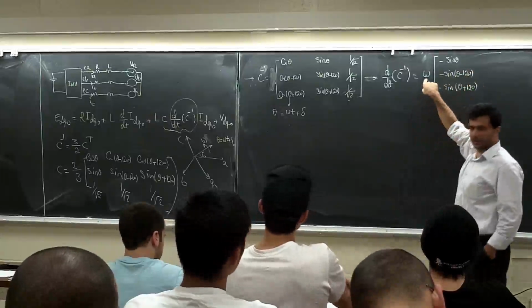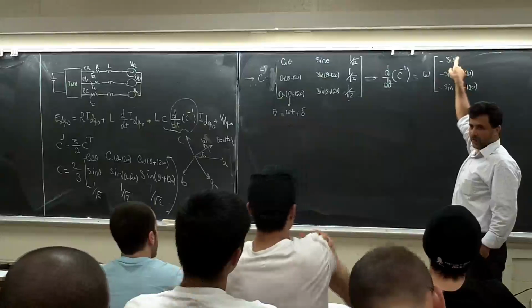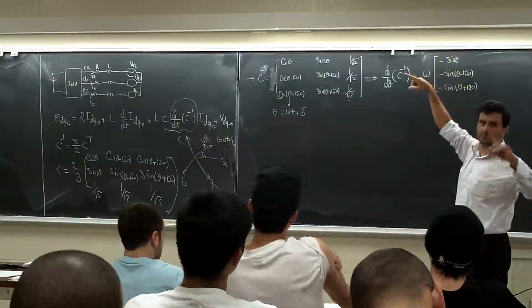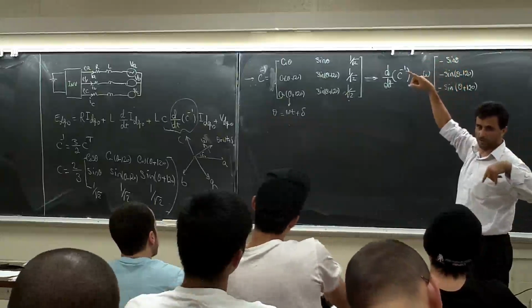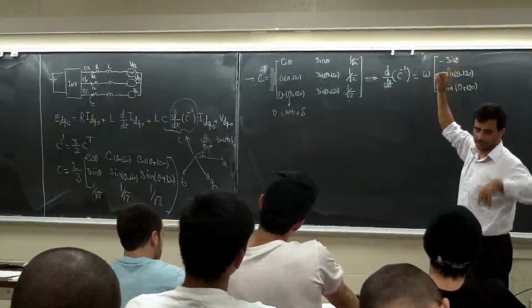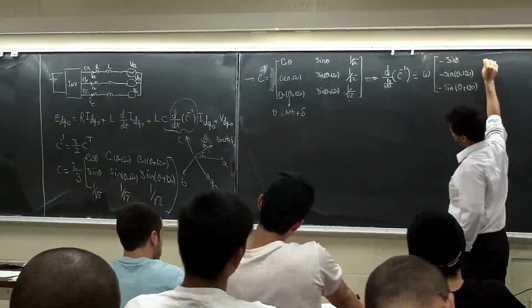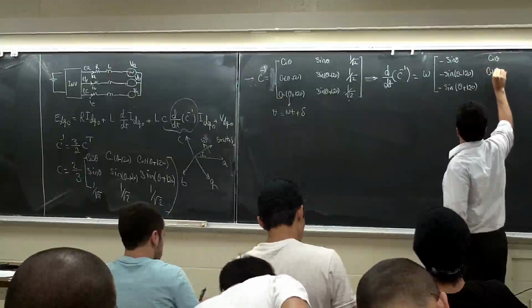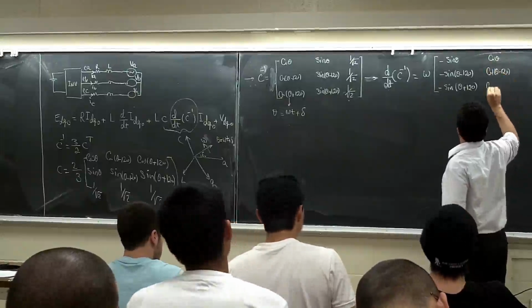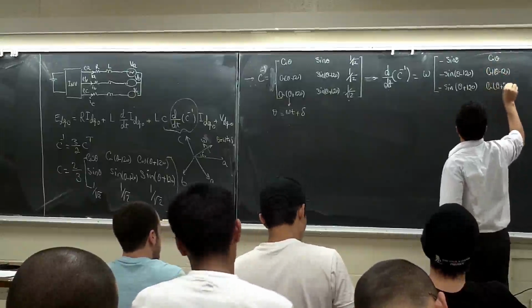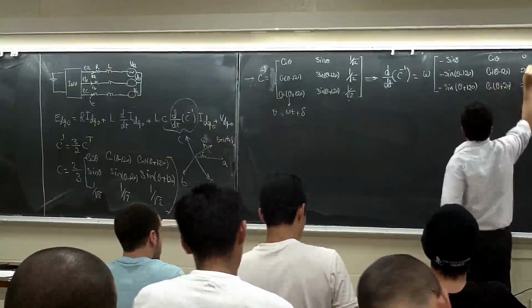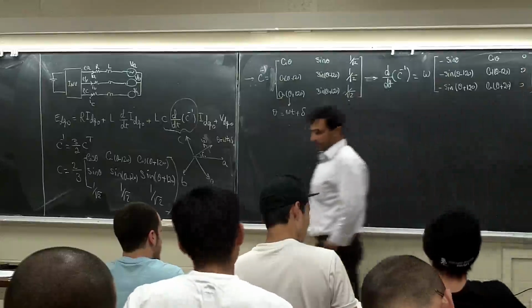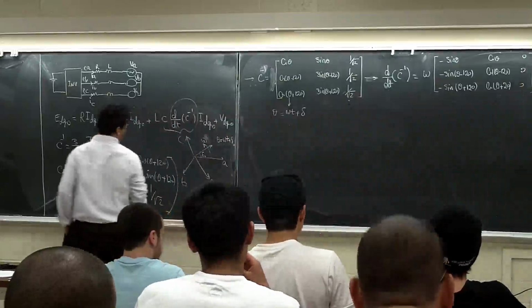Why do I have omega here? Because for cosine of omega t, the derivative is minus omega sine of omega t. Omega t I just replaced with theta, right? And here is going to be cosine theta minus 120, and cosine theta plus 120. And here, 0, 0, right? So we calculated d over dt of C minus.